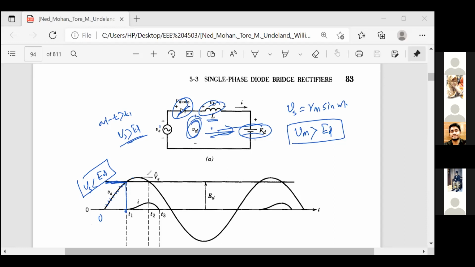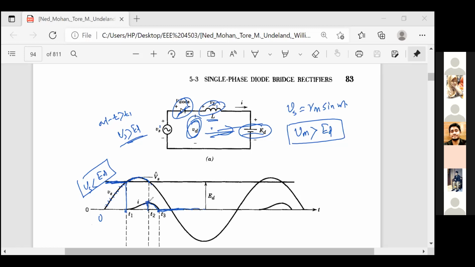Of course, Vd must be equal to Vs, so then it will be Vs. It should stop conducting, but because of this inductance, the current will not just drop to 0. It will continue to conduct, depending on the value of the inductance, and it stops conducting here. If the current becomes 0 during a cycle, then we call it discontinuous current. So here the current is discontinuous.